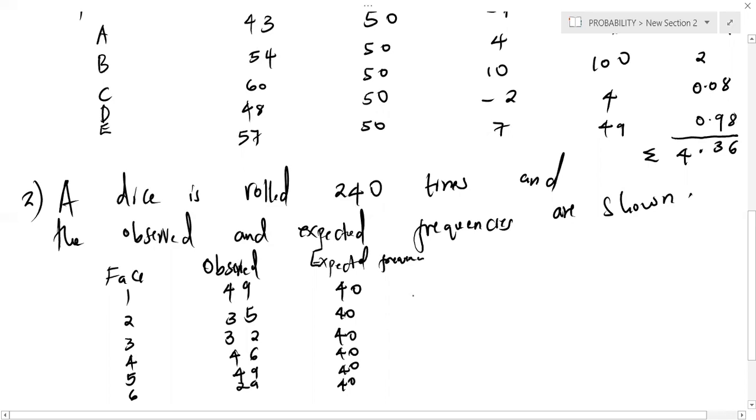Okay, guys, so using this data here, can you get for me the value of chi-squared? Let's evaluate and see what it gives.